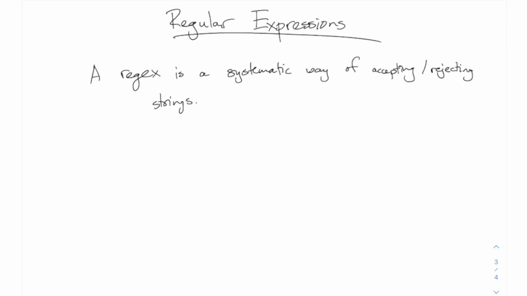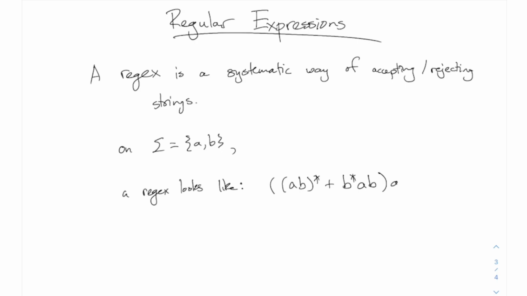And I'll just give you an example of what they look like. So, just like our DFAs and NFAs, we specify an alphabet to begin with. So on the alphabet A, B, a regular expression looks like something like this, just an example. It's not a diagram at all, really. It's a bunch of parentheses. It has some stars, some pluses, like that. This is what a regular expression looks like on a particular alphabet.